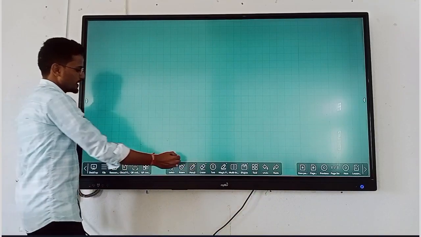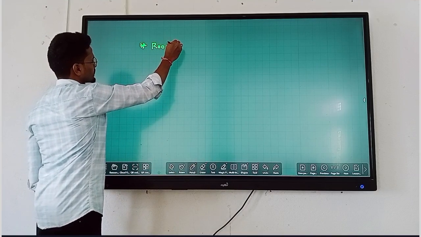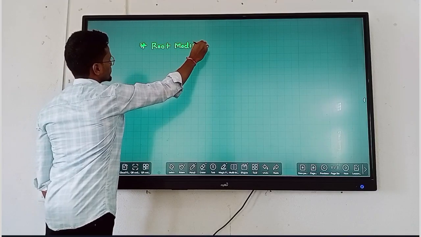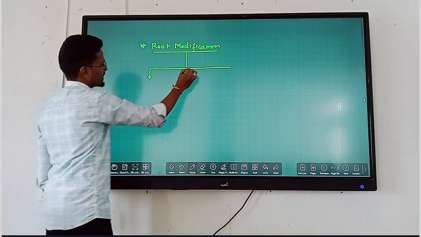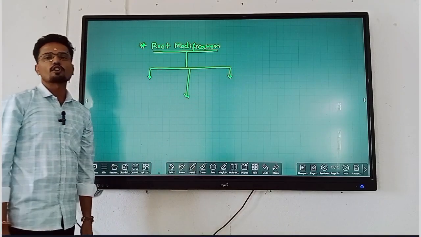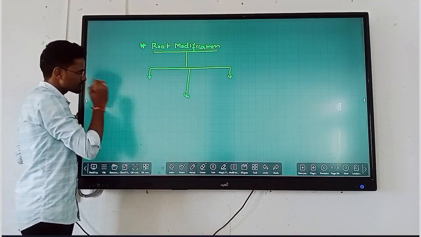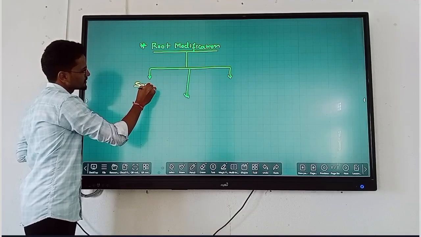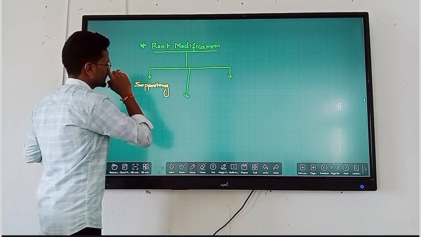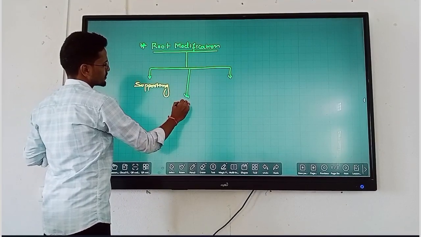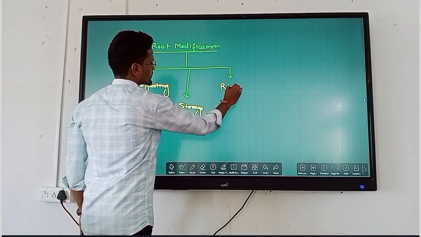So in root modification, there are three modified structures. Which are those? The first one is supporting structure. Second one is storage, and third one is respiration.